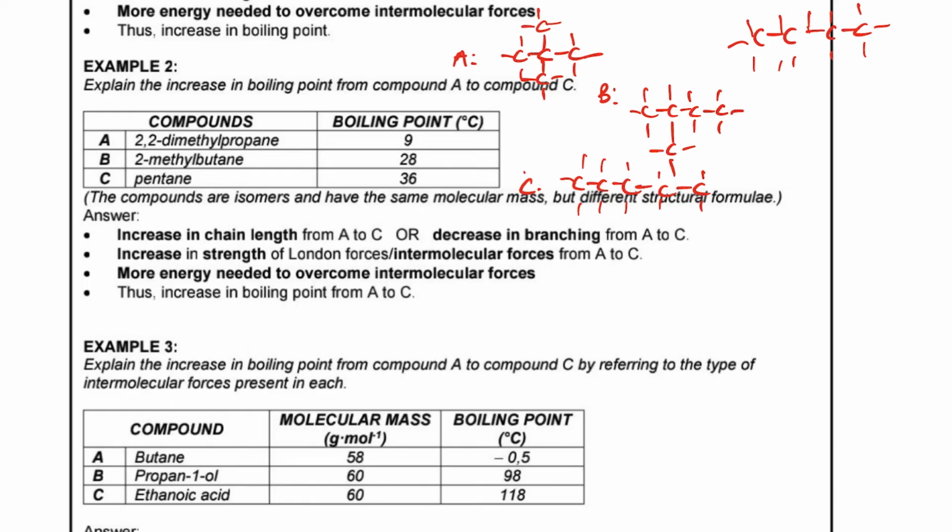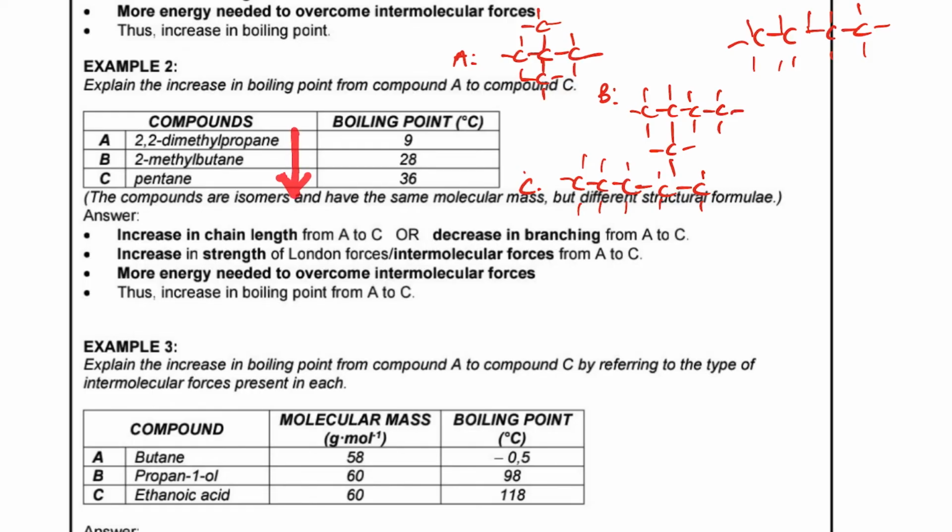Right, but now the way you're going to put it, as we can see, the boiling point tells us the intermolecular force. The higher the boiling point, the stronger the intermolecular force. So you will say, step number one, you talk about the structure of them. Increase in chain length from A to C. It's becoming less branched there.